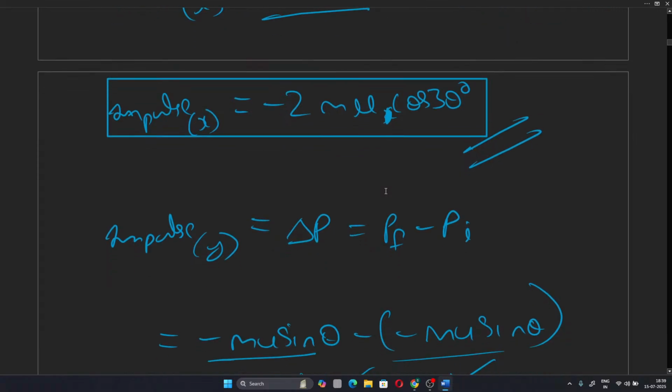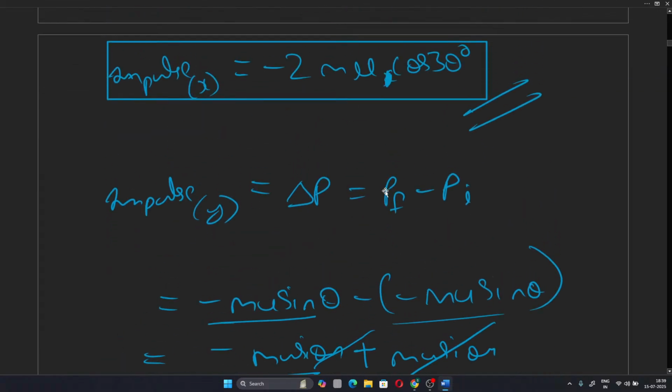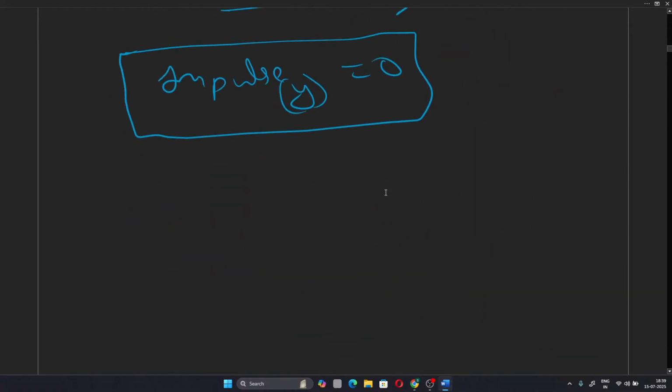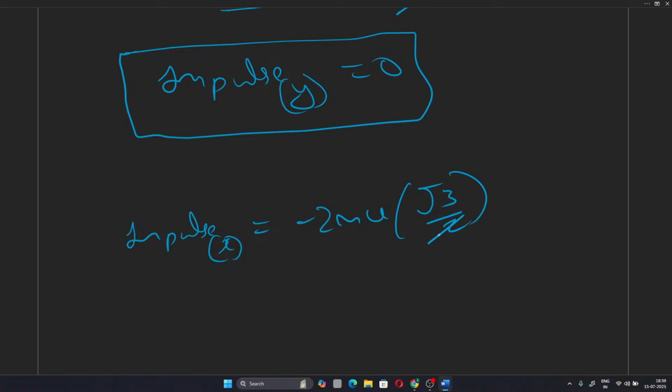Minus 2 m u cos theta, or cos 30 degree, which is root 3 by 2. So the impulse in the x direction equals minus 2 m u cos 30, which is minus m u root 3.